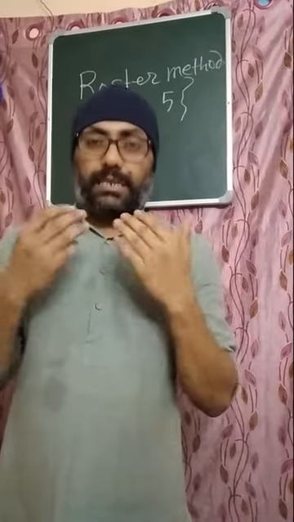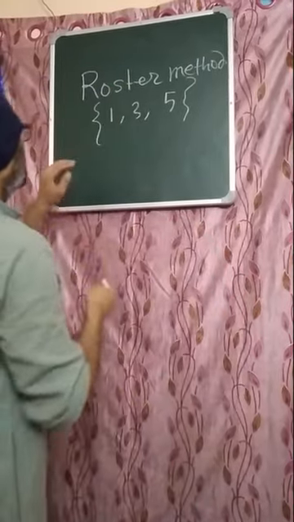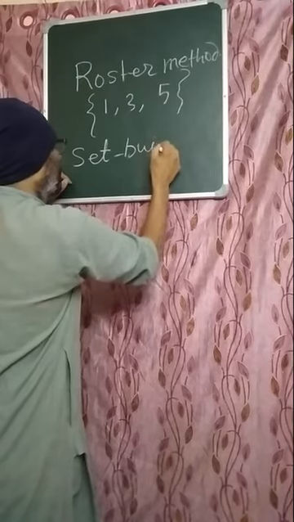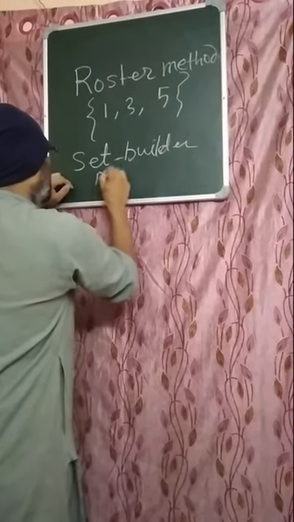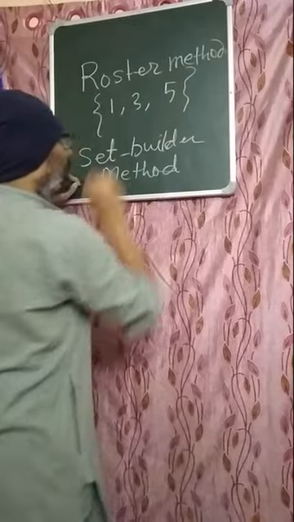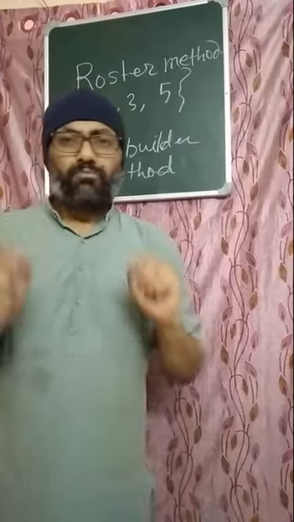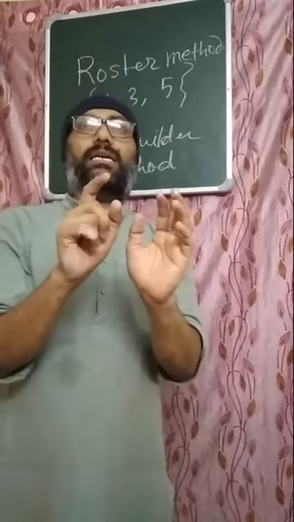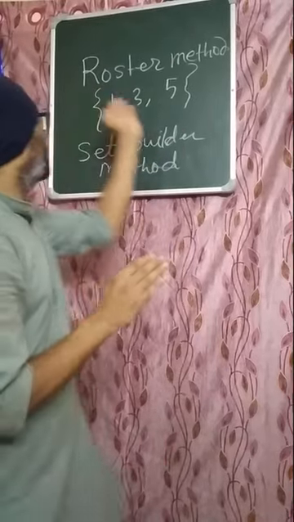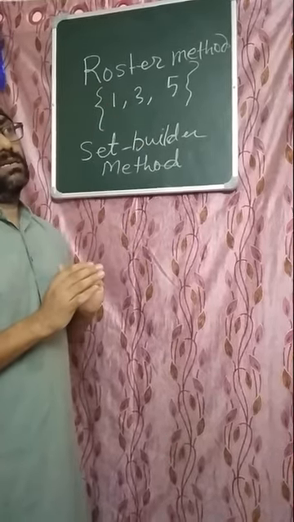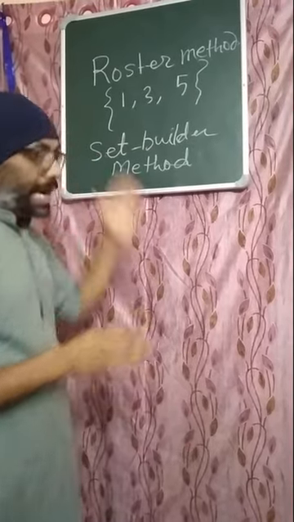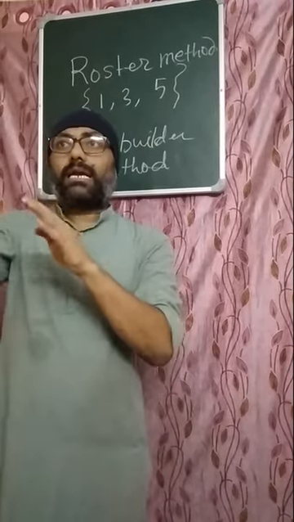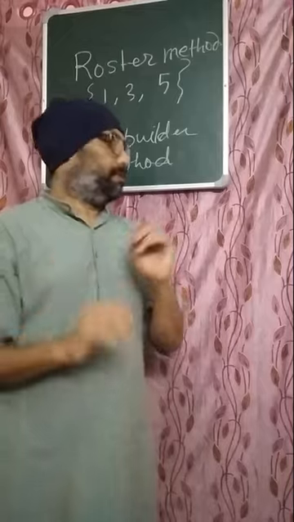And there is another method to represent a set, which is called set builder method. In this method, we express or define a certain property which is unique for the elements of the given set. That means if that property is given, we can certainly enumerate what the elements of the set are.